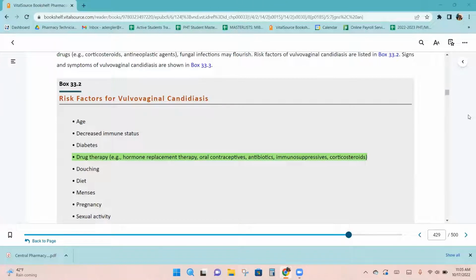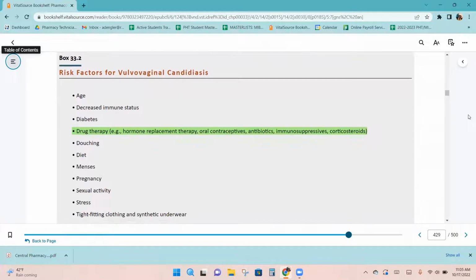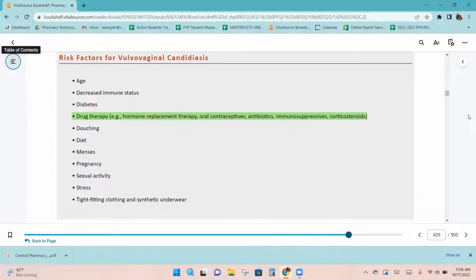Facts 33.2 shows the risk factors for vulvovaginal candidiasis. So age, decreased immune status, diabetes, drug therapy like hormone replacement therapy, oral contraceptives, antibiotics are a big one, immunosuppressants, and corticosteroids.